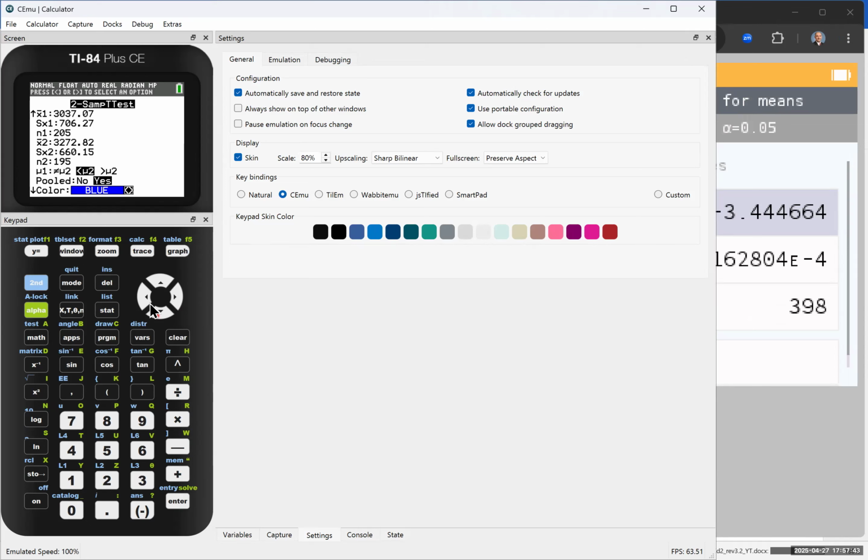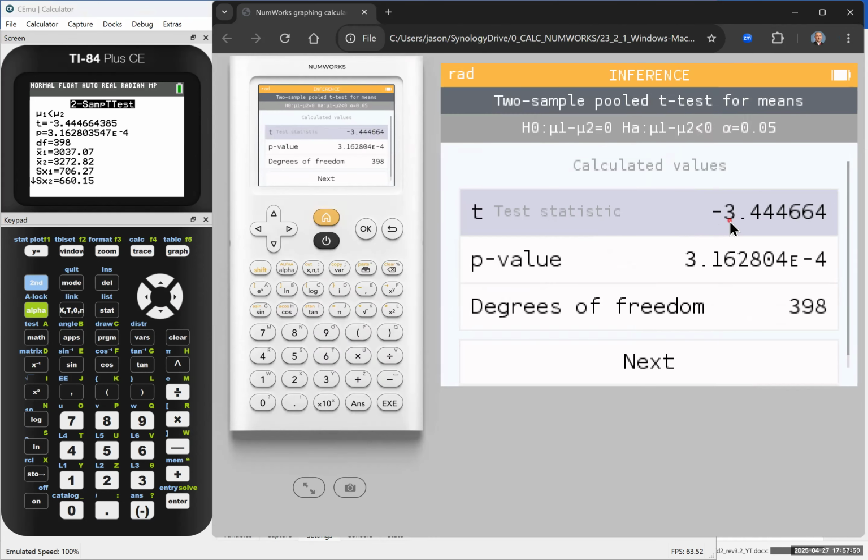So let me come over here. Texas Instruments, calculate. All right, so you can see we're getting the exact same numbers, right? Negative 3.445, p-value of 3.16 times 10 to the minus 4. And then degrees of freedom 398.